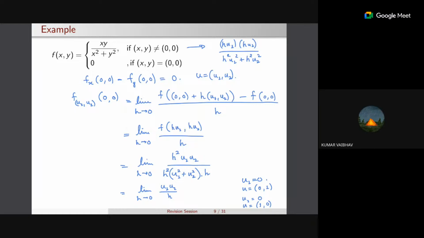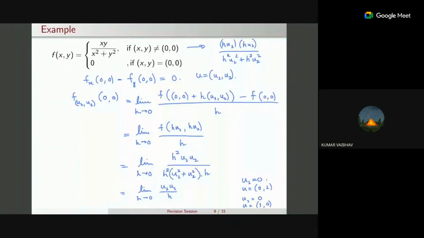But if u1 and u2 were non-zero constants, then that thing blows up. Blows up meaning it becomes arbitrarily large as we approach 0. So the only cases where this limit exists is if u1 is equal to 0 or if u2 is equal to 0. Now u1 equal to 0 corresponds to the y partial derivative, and u2 equal to 0 corresponds to u equal to (1, 0) or (-1, 0), but we'll just take (1, 0).